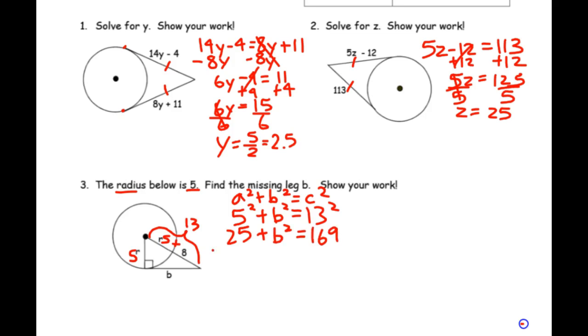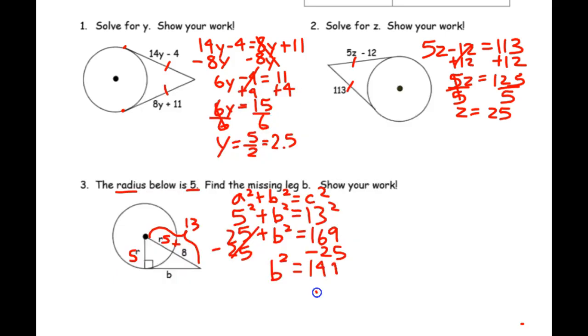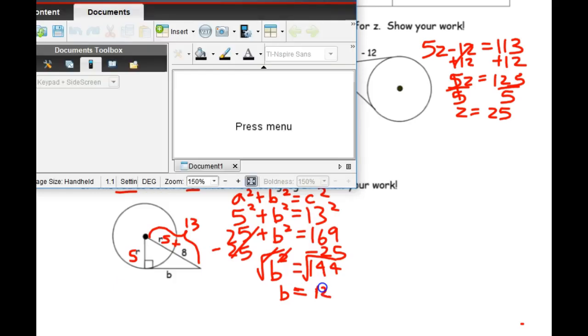Then we're going to get rid of that 25. b squared equals 169 minus 25 is 144. And then we're going to square root to get rid of the square. So b equals, square root of 144 is 12.